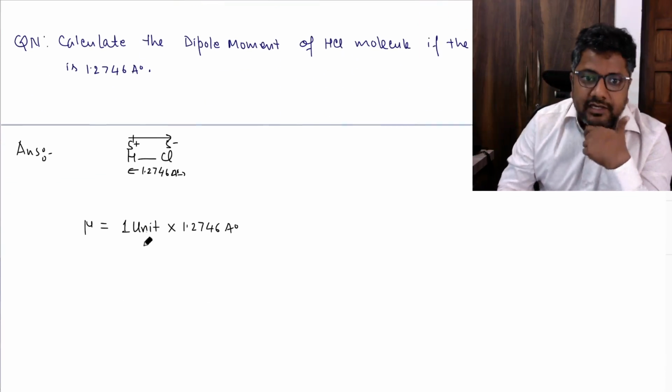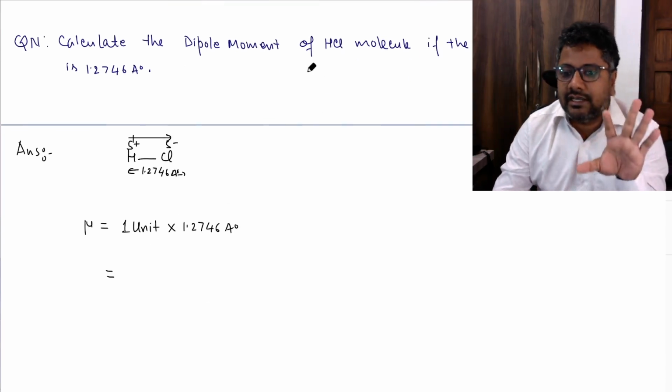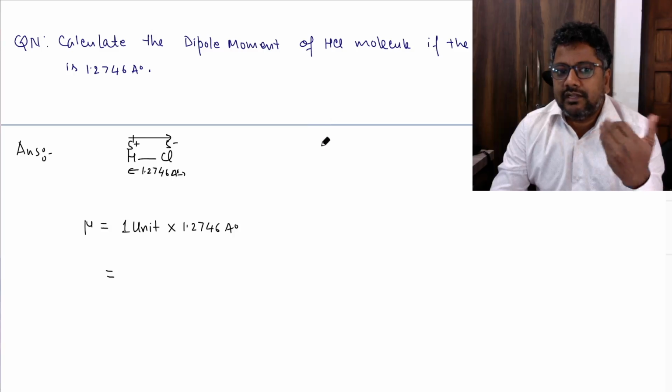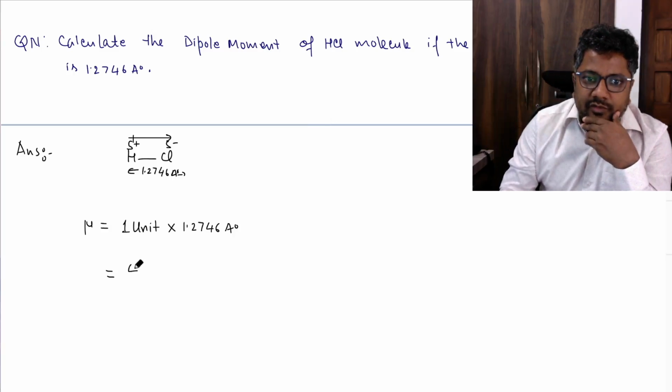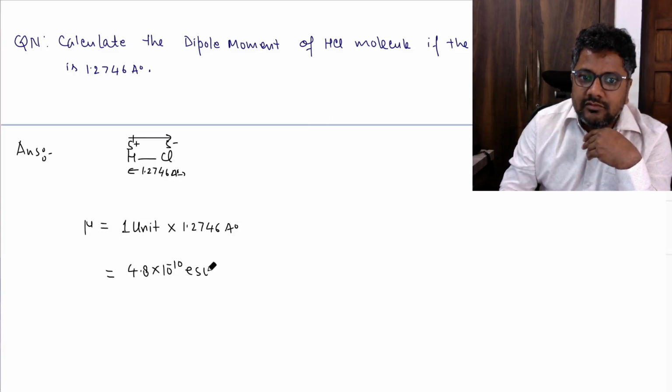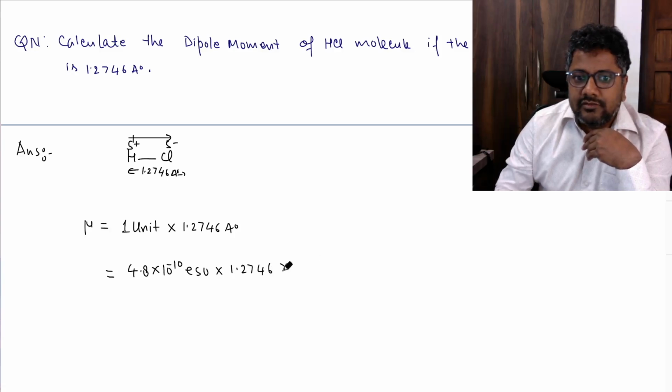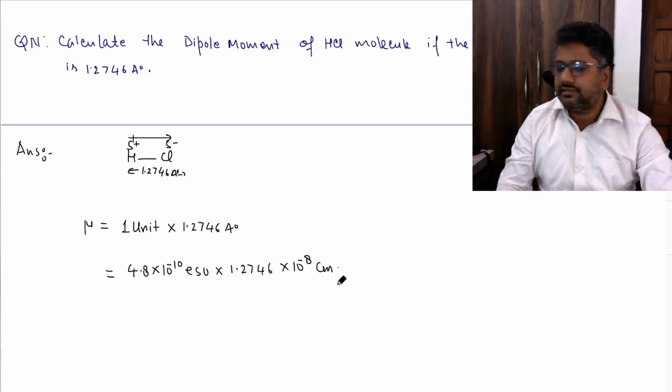So what unit can we put here? It is the default: if nothing is given, then you have to calculate in Debye. So 4.8 into 10 to the power minus 10 ESU into 1.2746 into 10 to the power minus 8 centimeter, right?